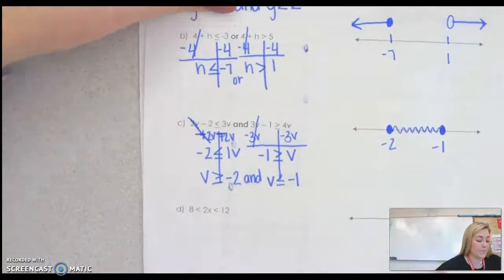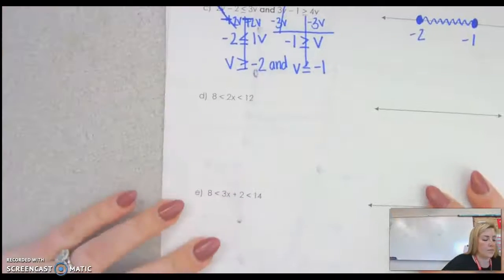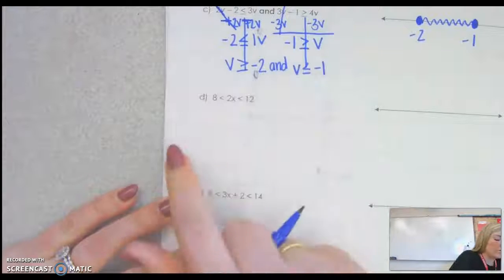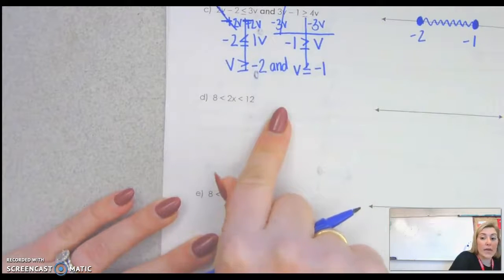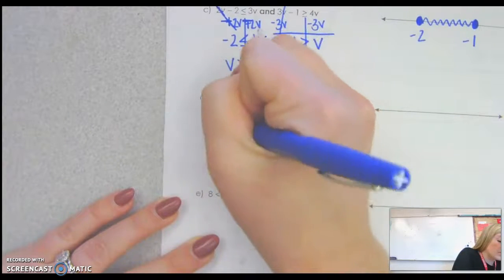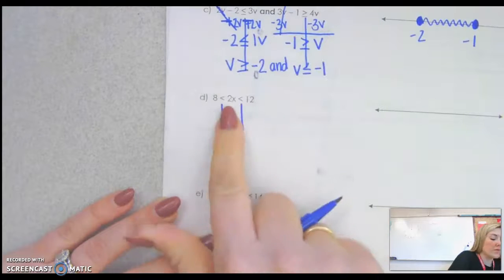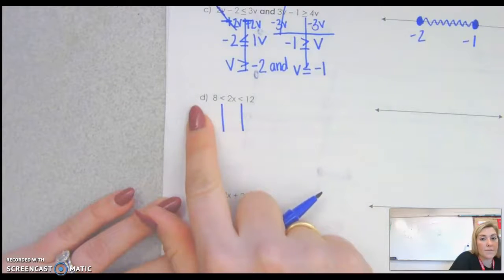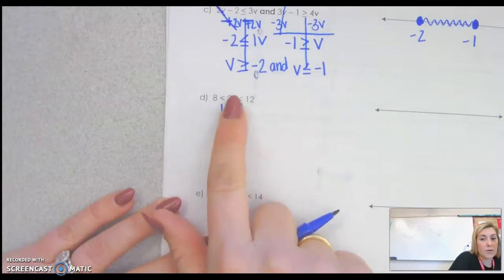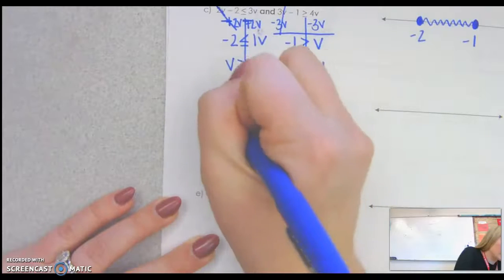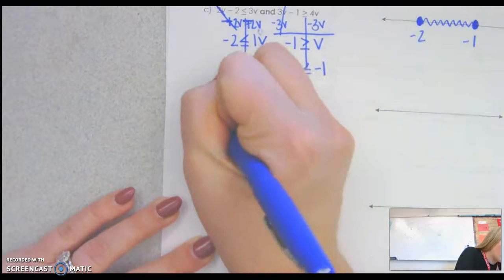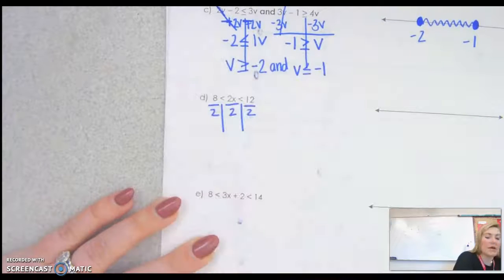Okay, let's do 2 more. So, for D, I don't have the word and in the middle. So that means whatever I do to the middle, I'm going to have to do to the left and to the right. So if it's 2 times x, I'm going to have to divide everything by 2.